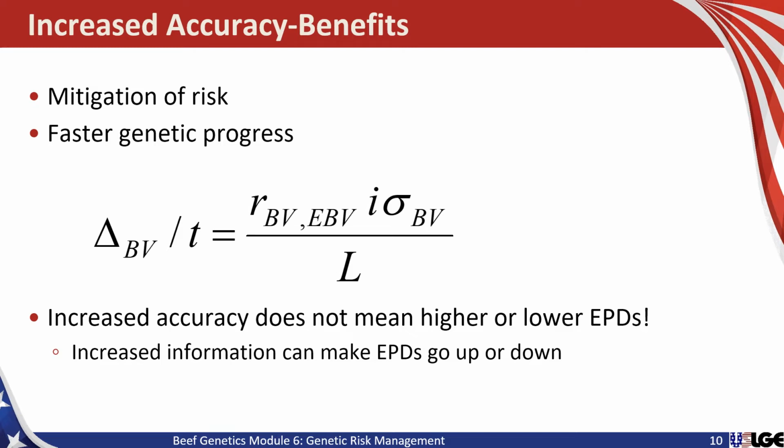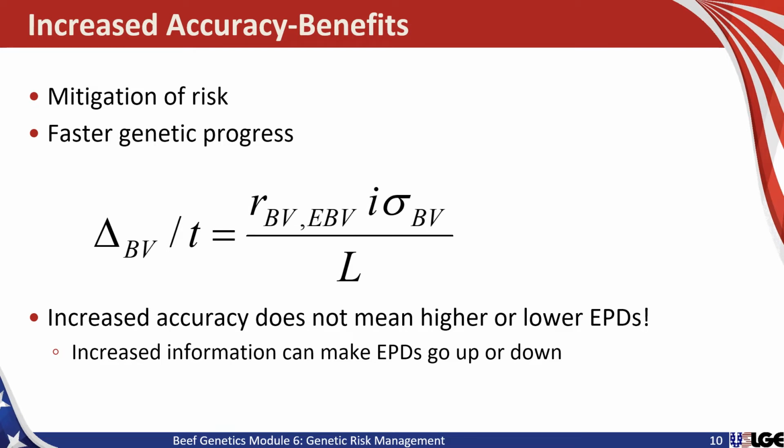In this case, several of these things are difficult to control. For instance, the standard deviation of the breeding values, or the genetic merit of the population, is difficult for us to change individually. Selection intensity, though, is something we can control by being more or less choosy in our selection of animals, how elite we require them to be to enter our herd. The other thing that we can influence is the accuracy, represented here by the letter r with subscripts BV, EBV.